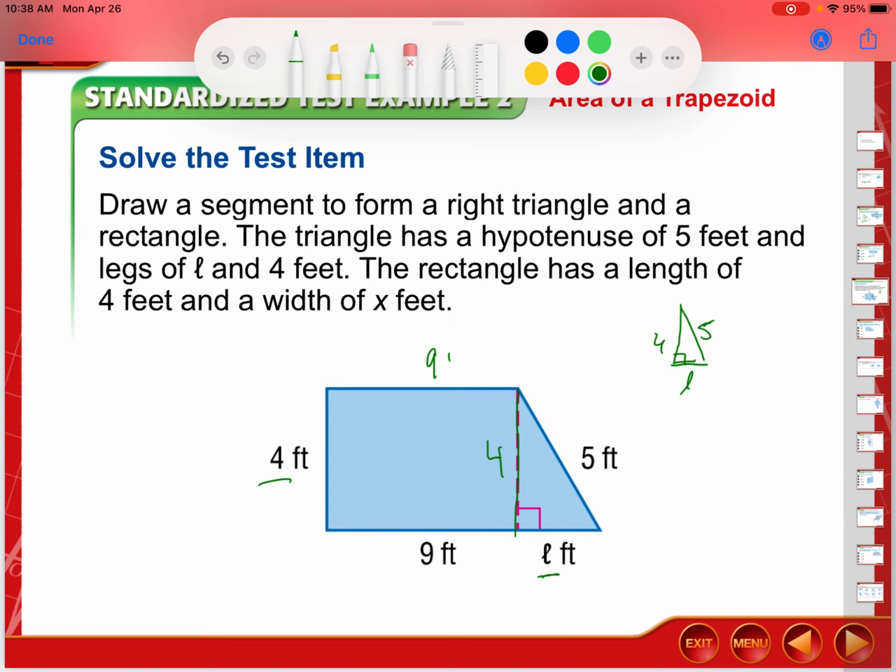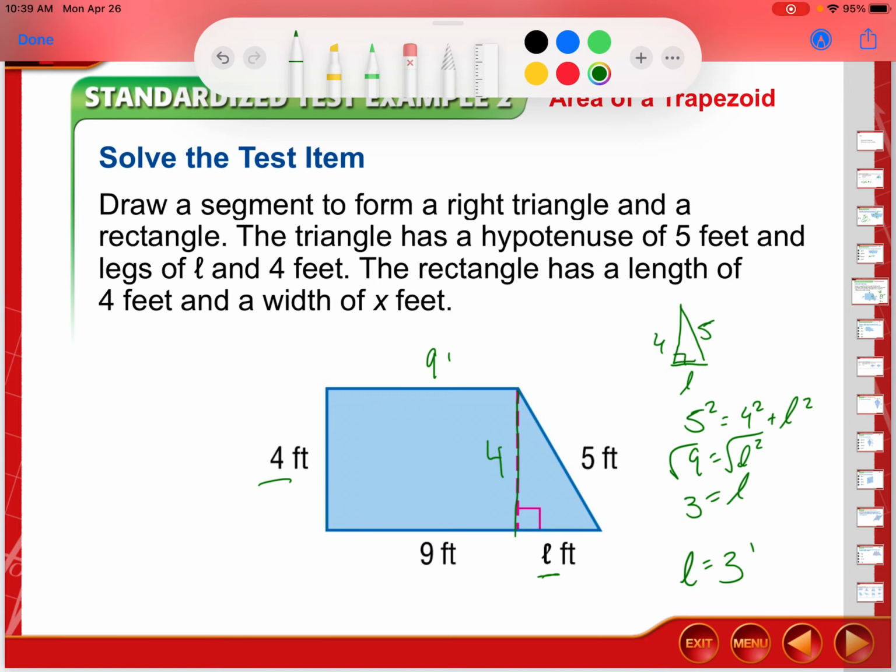Now, in my head, I know there's a special right triangle that's a 3, 4, 5, so I know L is going to be 3. But if I didn't know that, I could say 5 squared equals 4 squared plus L squared, and I could do some subtraction, and I would find out that 9 equals L squared, and then I would take the square root of both sides, and I would end up with L equals 3 at the end of the day.